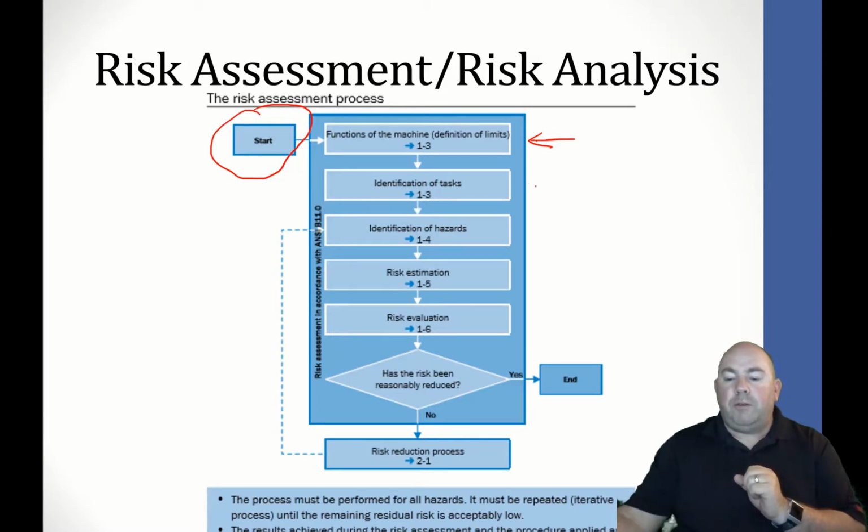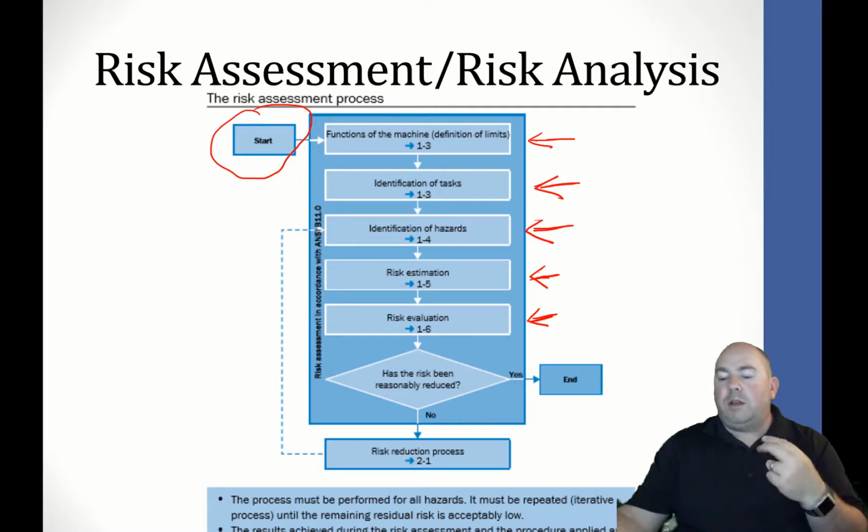We're going to identify what tasks are being done, and identify all the hazards that are involved. Then we are going to estimate what the risk is for each of these hazards. We'll talk about that in a second. Then we need to evaluate what level these risks present, and then come up with different methods of reducing those risks.